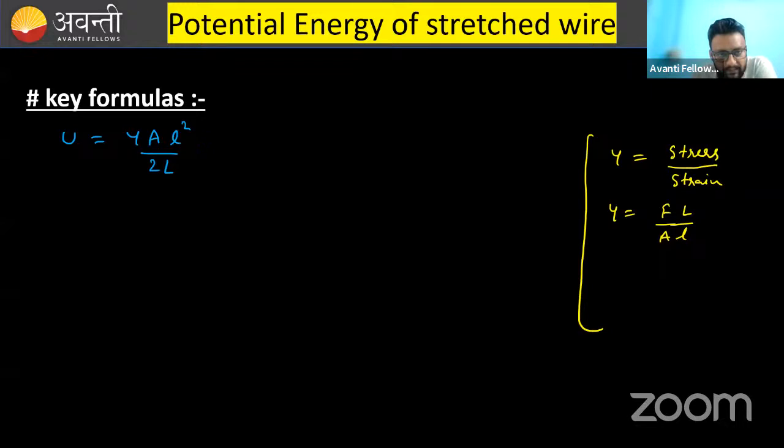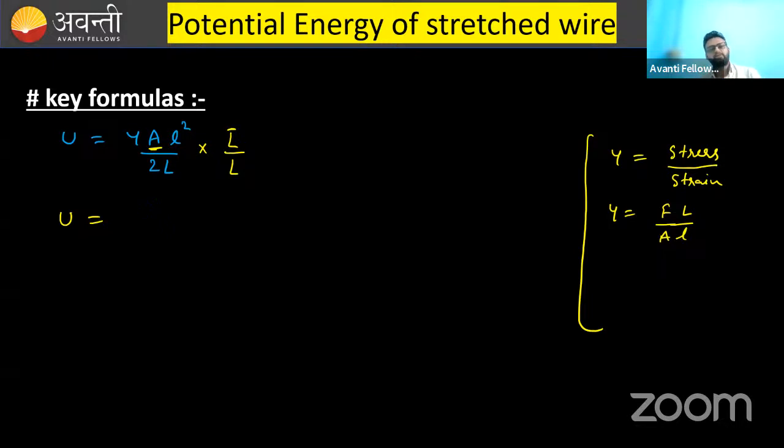First of all, just multiply the equation by L and divide it by L. Just do it for once. Multiply and divide with L. Now, potential energy will become, if you see this A and this L, A into L is what?